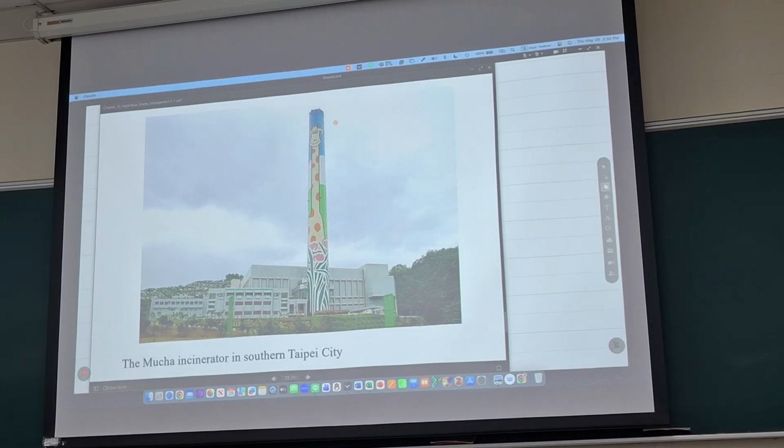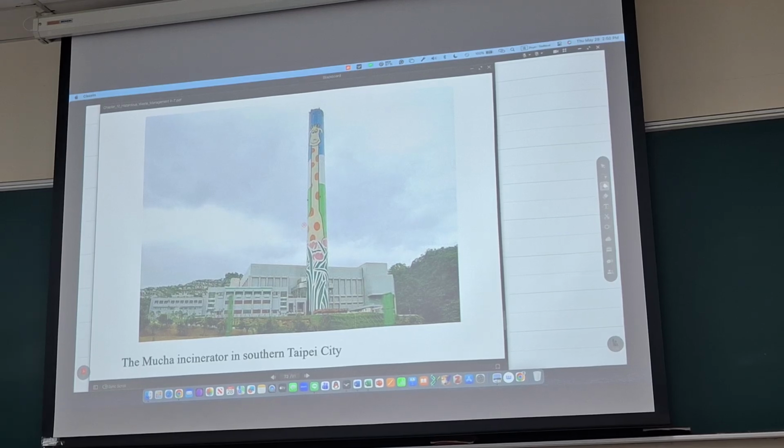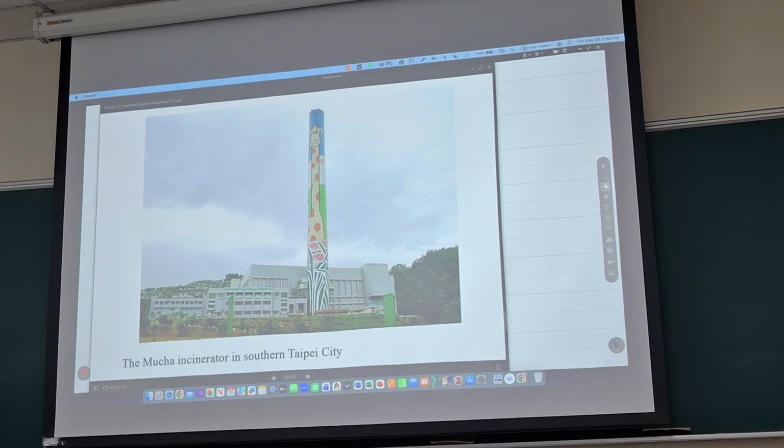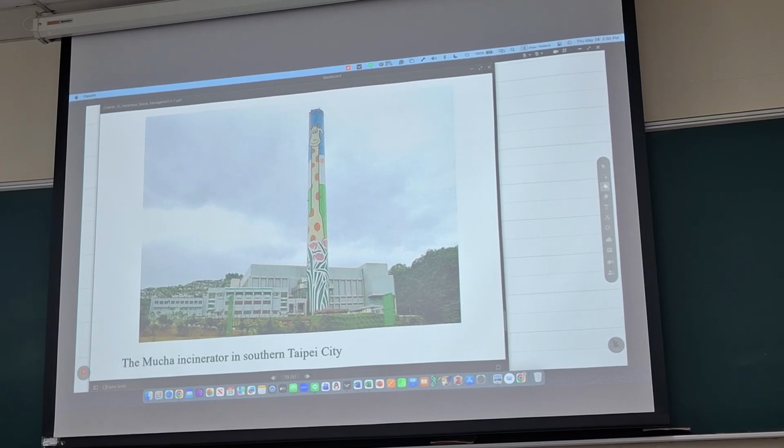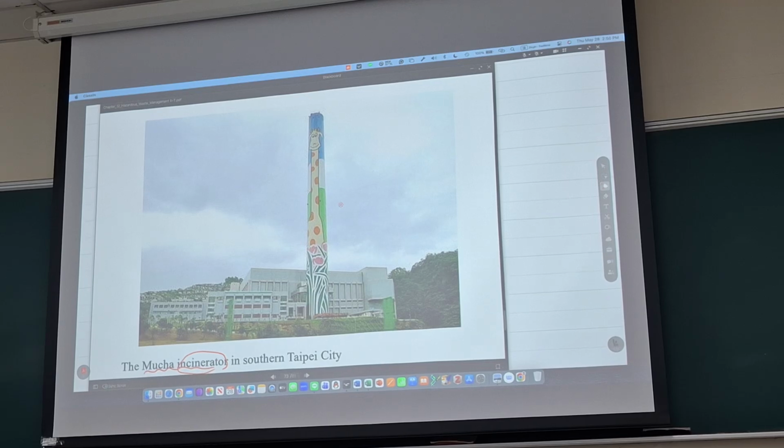So when you drive on the highway, you might see this, right? This is the Muzha incinerator in southern Taipei City. Next to it is the Muzha Zoo. Have you ever thought about this?